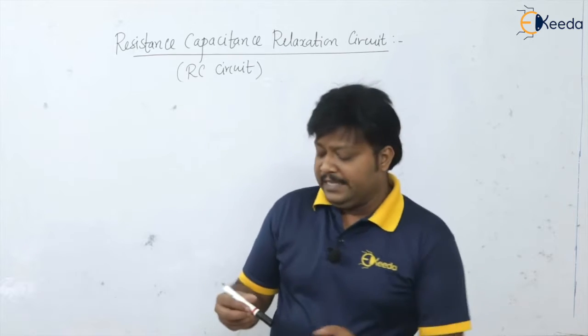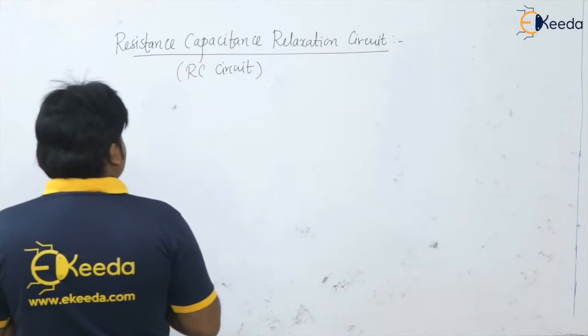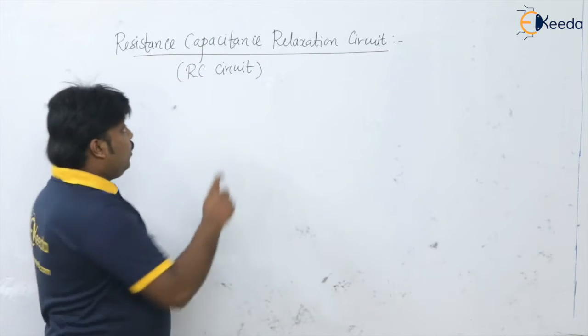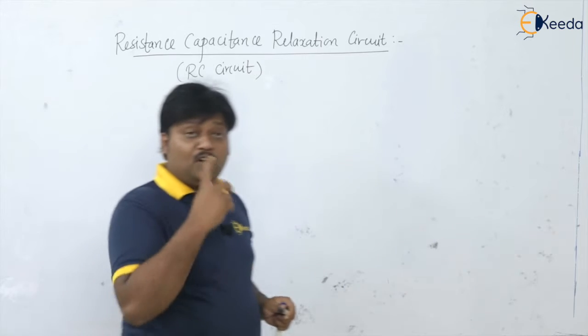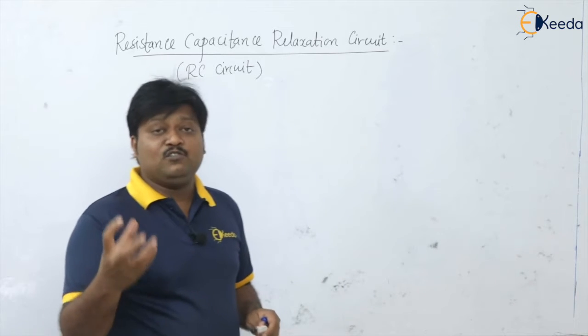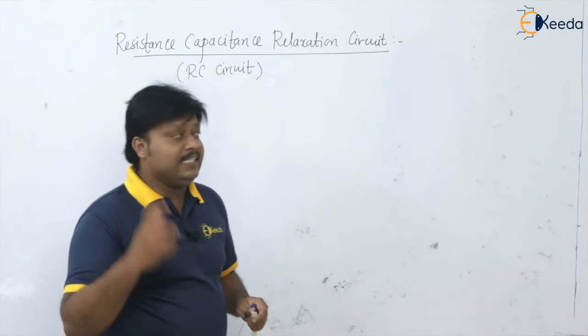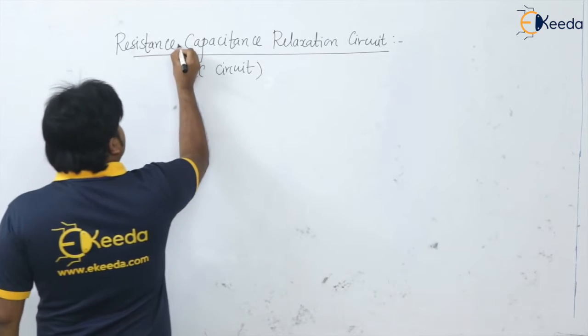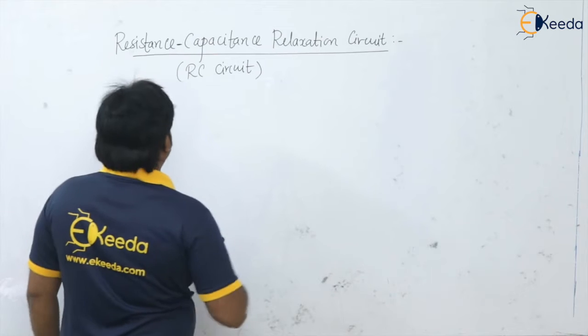So I will draw the simple diagram for this RC circuit. One more important thing is that when the electro discharge machine was first developed, the circuit which was used was the RC circuit, that is the resistance, capacitance and relaxation circuit.